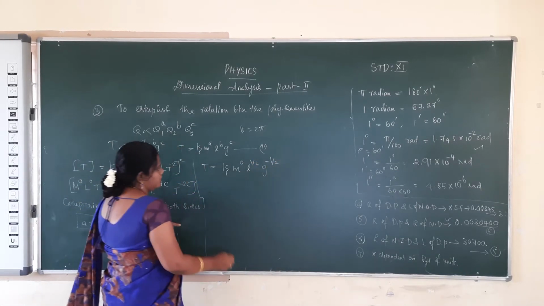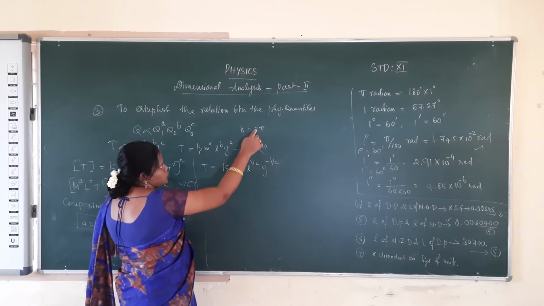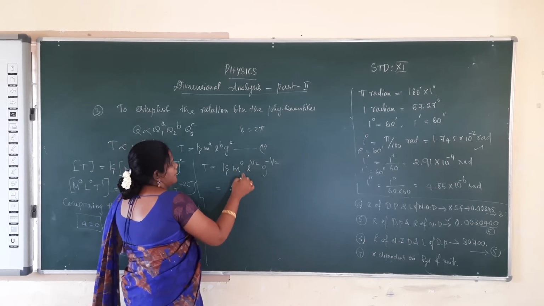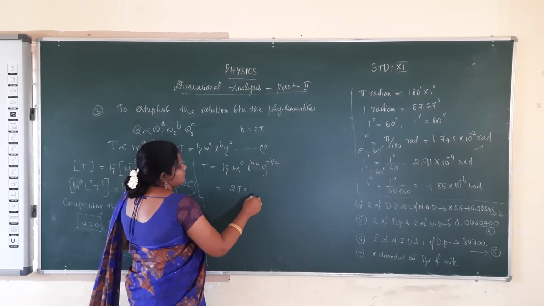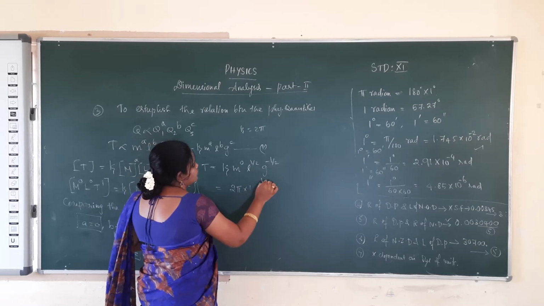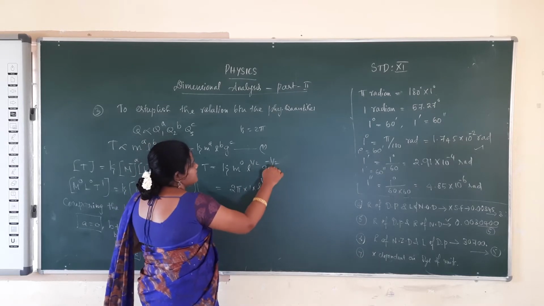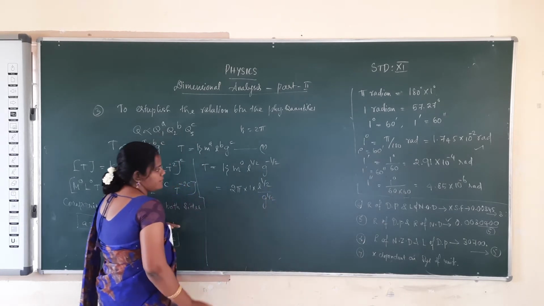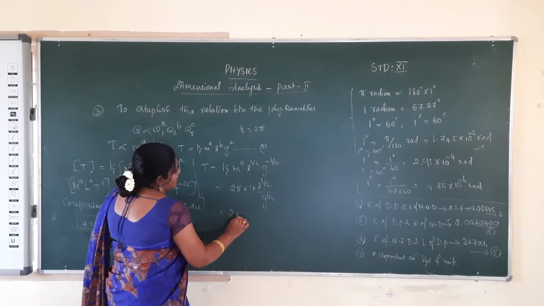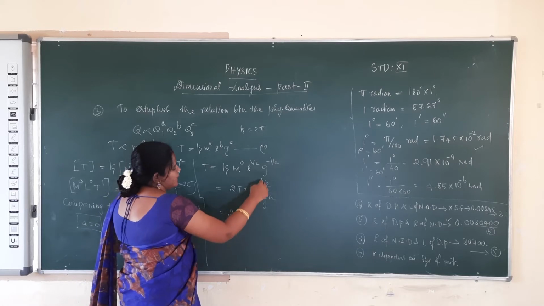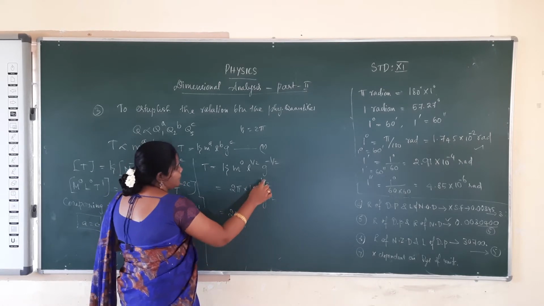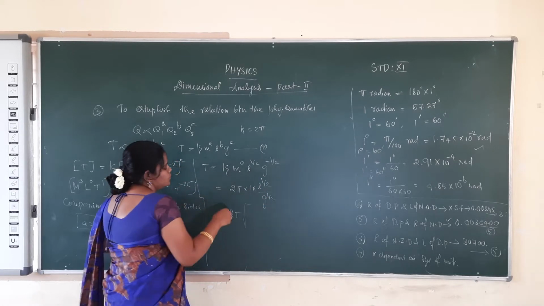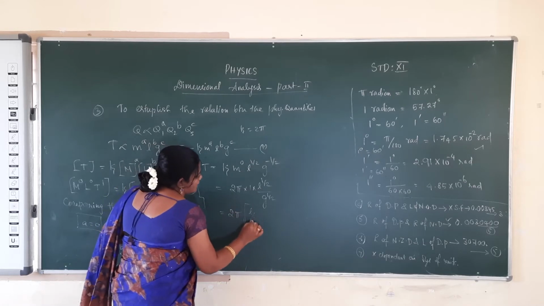Then k value is 2 pi, so 2 pi, m power 0 is 1, then L power 1 by 2 over g power 1 by 2, so 2 pi into 1, root of L by g.